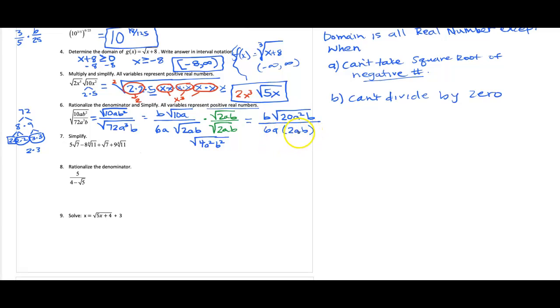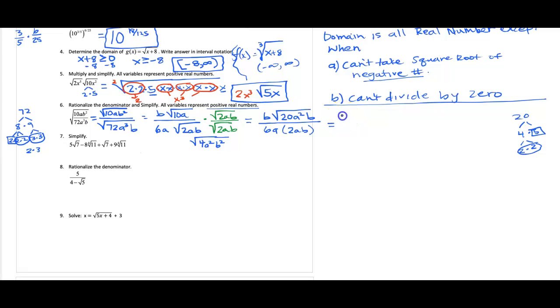Now I don't have any radicals left on the bottom, so I did rationalize it, but I need to look and see if I can simplify anything more here. Let's look at the top again. 20 is 4 times 5, and 4 is 2 times 2, so a 2 gets to come out, but a 5 is stuck inside.